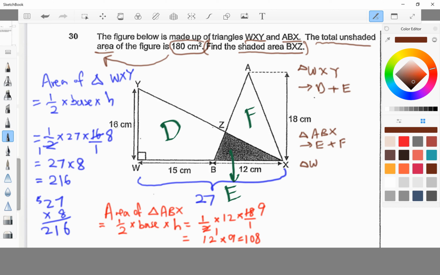Triangle WXY plus triangle ABX will be D plus 2E plus F.